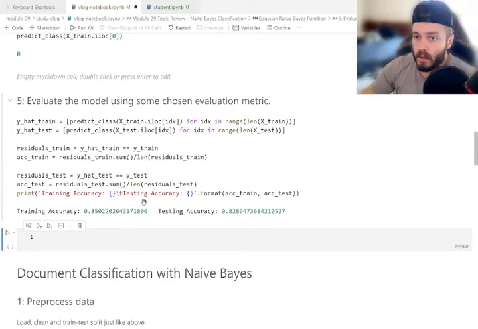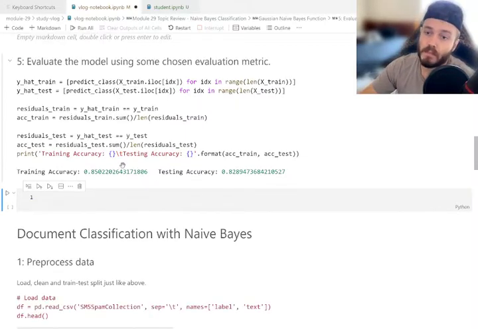So we create our predictions for our training data and our test data. We calculate our residuals of our training data, then the accuracy of our training predictions using those residuals. We do the same thing for our test data.